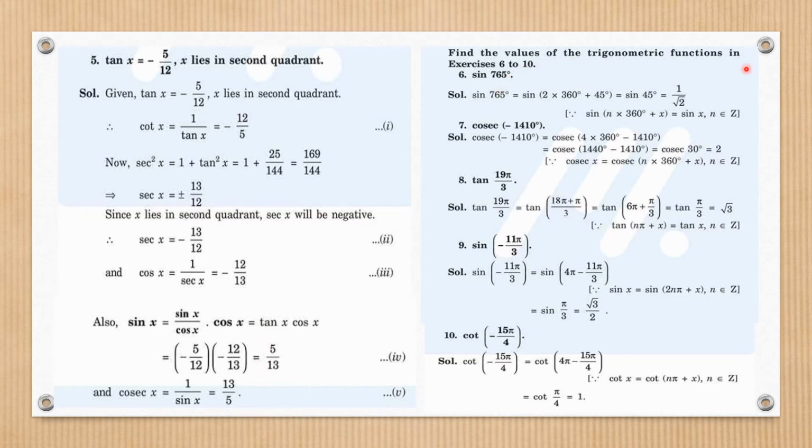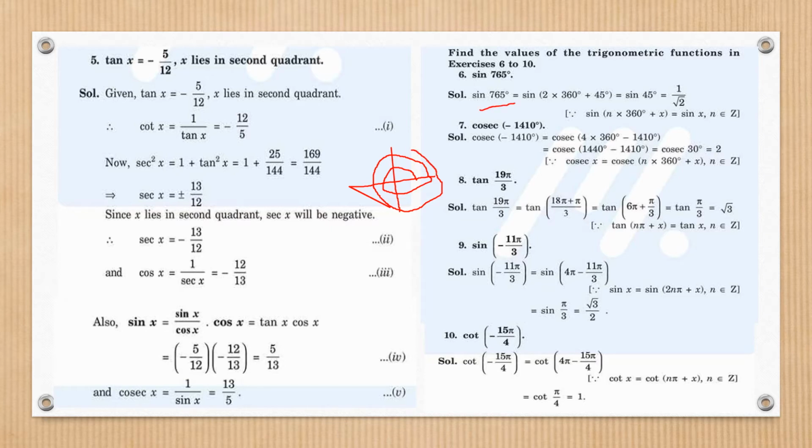Find the values of trigonometric functions in exercises 6 to 10. So sine 765 degree. You know that after 360 degree the values are repeating. If we take these values as one cycle of 360 degrees complete, then 2 cycles is 720 degrees complete, so 720 degree plus 45 will give you 765.